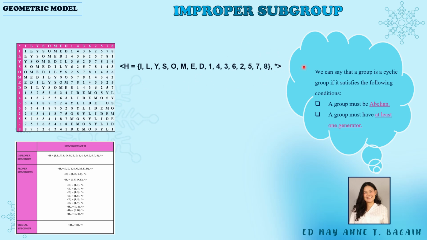Okay, so we will be finding out if this is a group, if it has a generator or if it's abelian, and we will know if this improper subgroup or the group itself is a cyclic group.